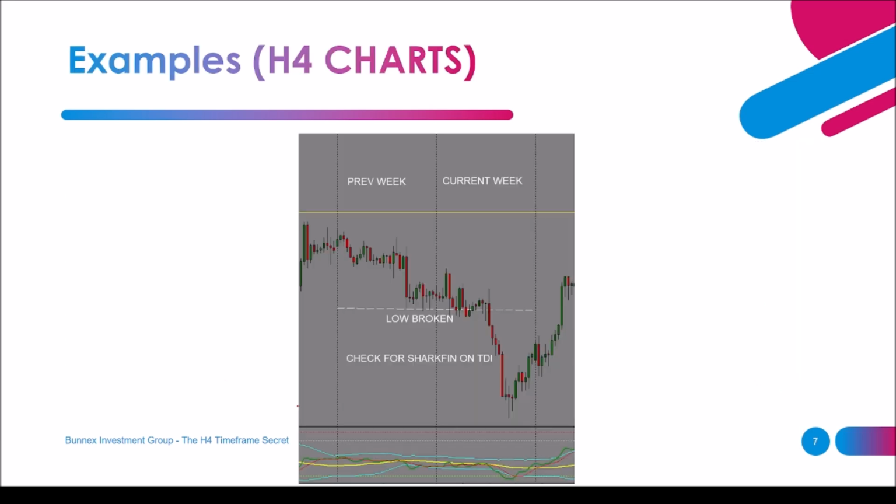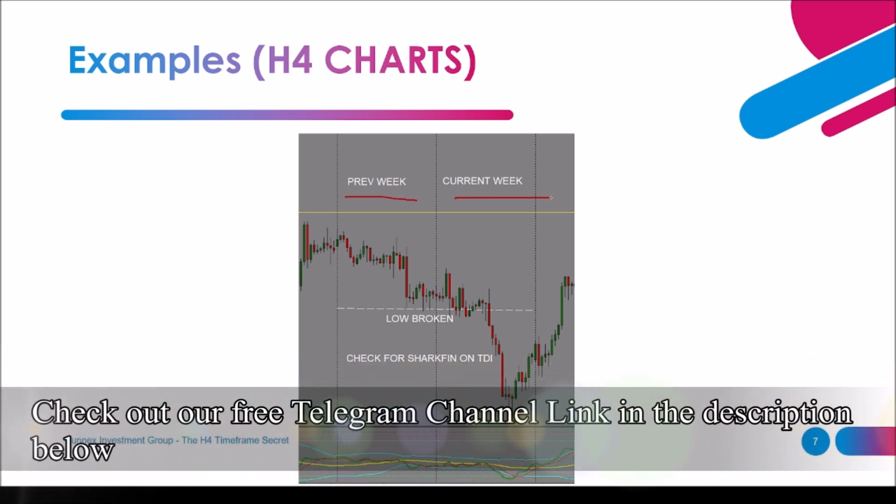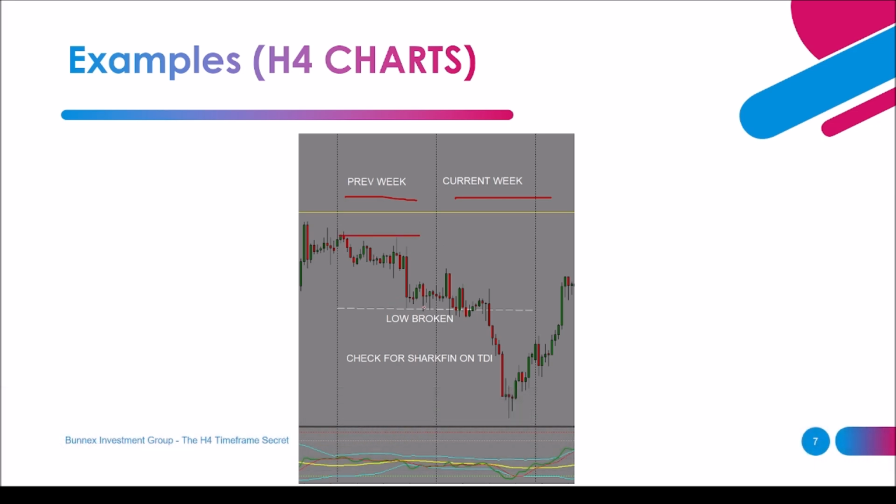So here are the examples of what we are trying to put across. In this case, we have the previous week and the current week, right? In the previous week, this was the high and this was the low in this dotted white line, which was broken at this point. After the market broke, our eyes should now be on the Traders Dynamic Index, or the TDI, to see a shark fin, which was issued at this point.